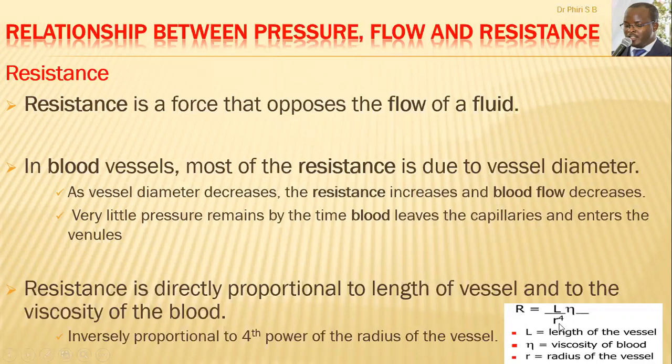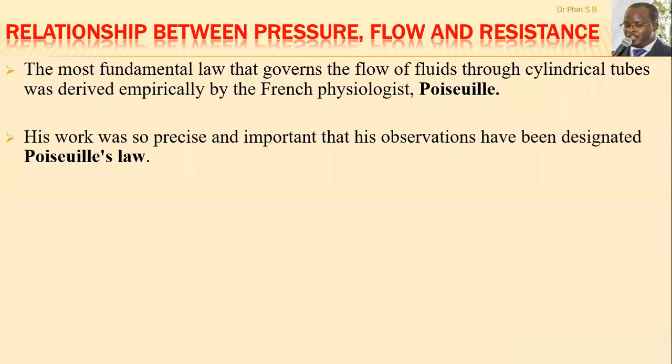In other words, if you decrease the radius, the resistance is going to increase so much. So the major factor that is affecting resistance is the radius of the blood vessel. The radius will have more effect on the resistance.